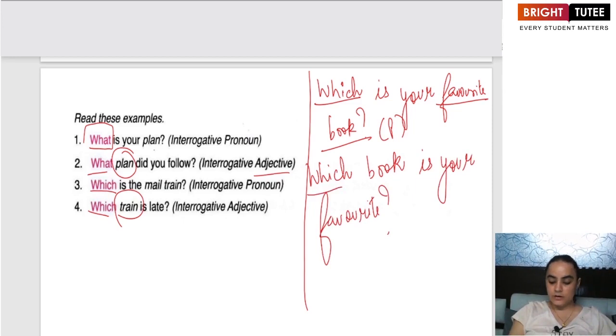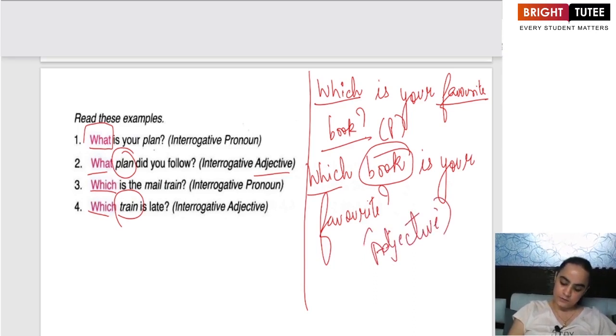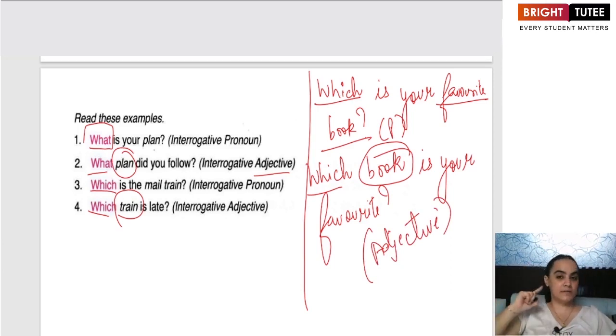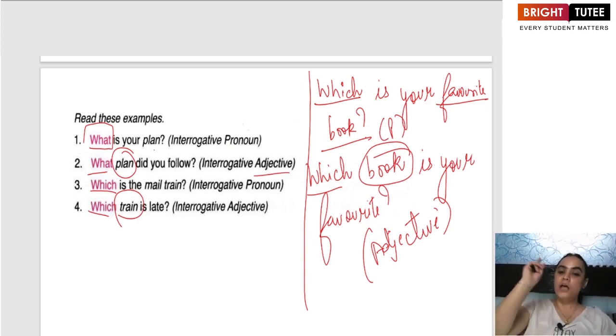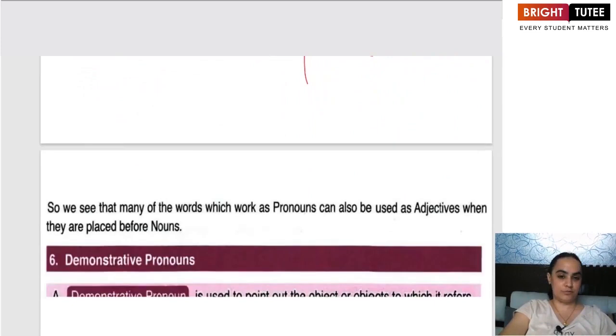Here, which is used with the noun. So this is an adjective. Just the kind of difference that we had between possessive pronoun and possessive adjective, on similar grounds we have the difference between interrogative pronoun and interrogative adjective. With a noun, it is an adjective. Without a noun, it is a pronoun.